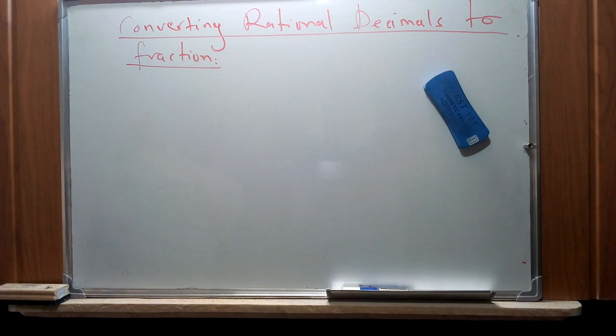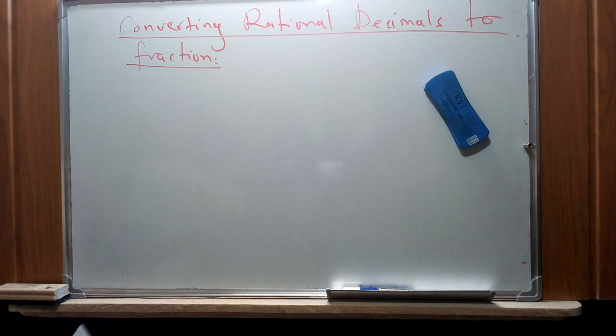We talked about rational numbers, irrational numbers, natural numbers, etc. In this case, we are trying to see the relationship between decimal fractions and what we call rational numbers.